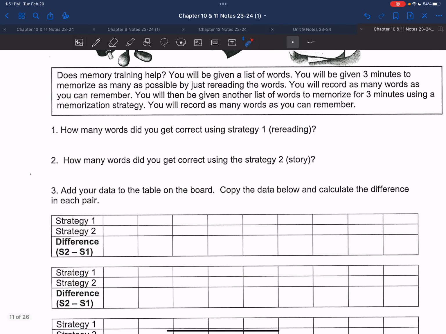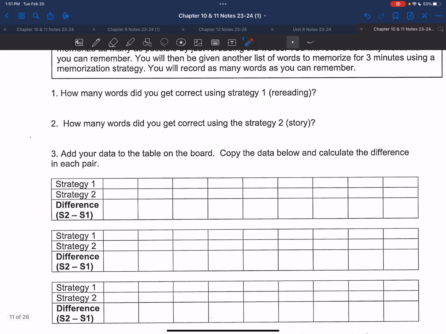So again, for example, if we had a full class, we would be able to have everybody do this word memorization process. The first method is just trying to remember by rereading them. And the second method was story reading. You have to try and string all of these words together using a story. You just make up a story in your head and try to see if you can remember it.